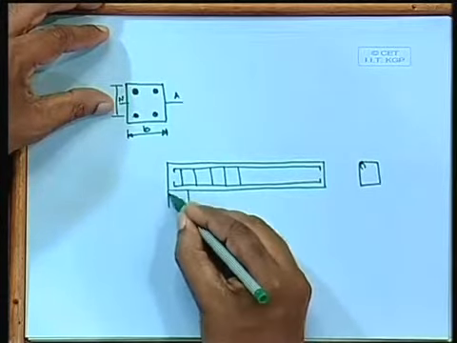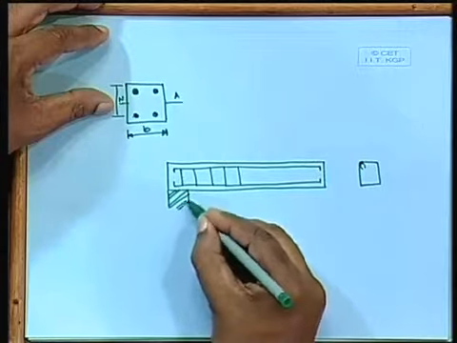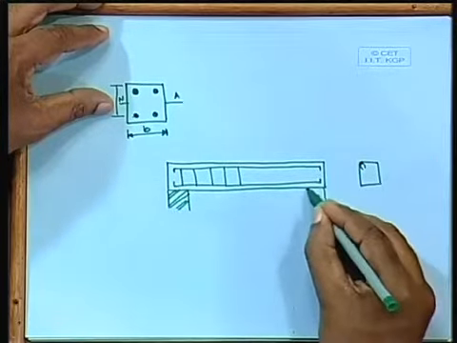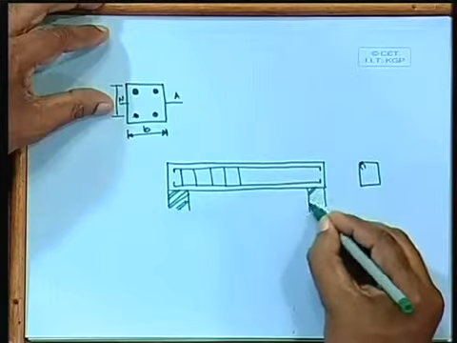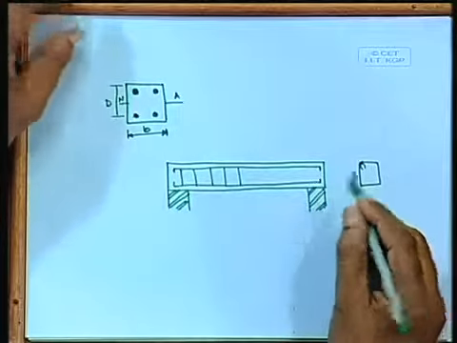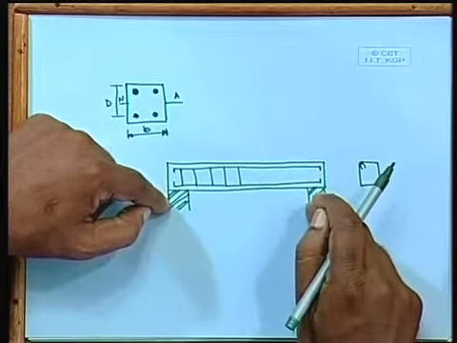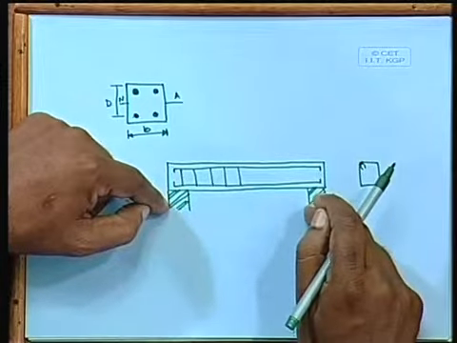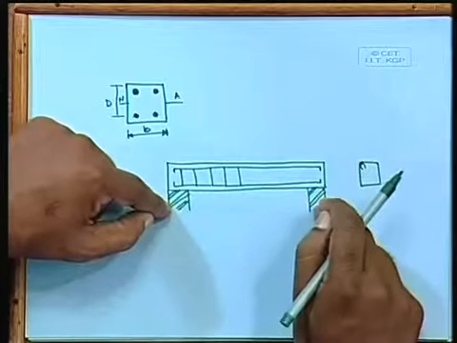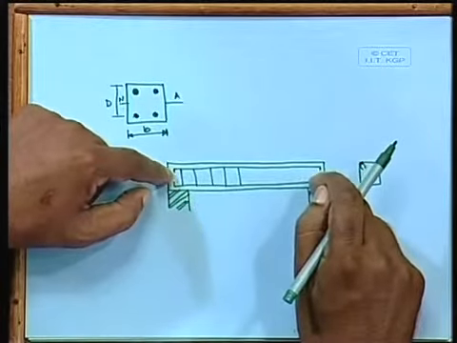So, if this is a support, say your brick wall, and here is also a support, say a brick wall. Because of bending moment, we can consider this type of support as simply supported, because the moments will be zero here.